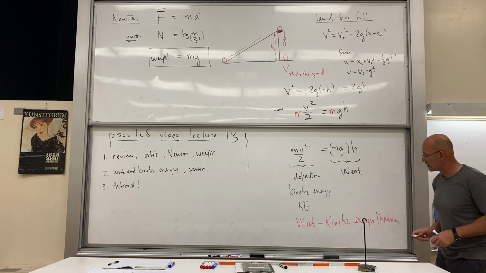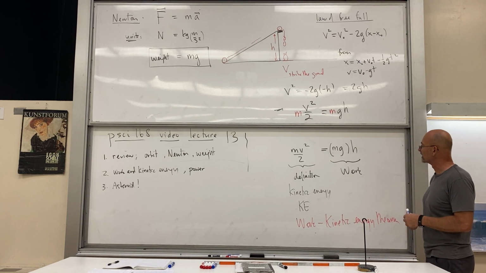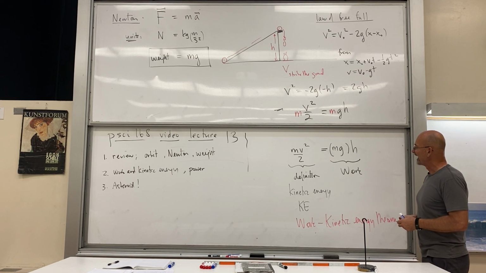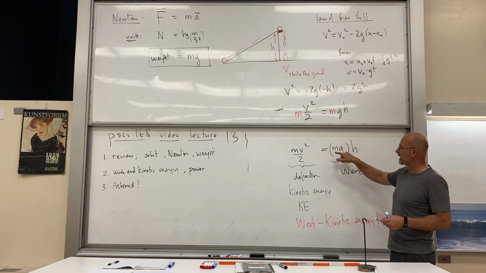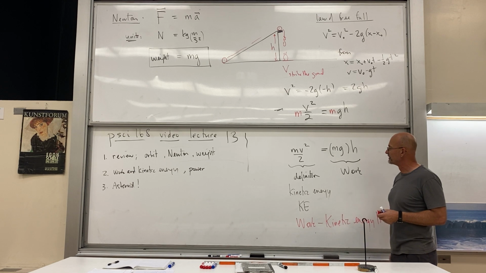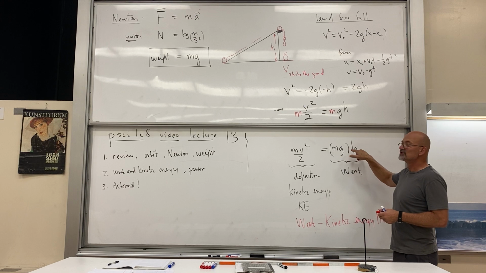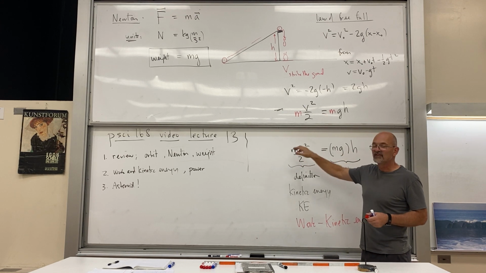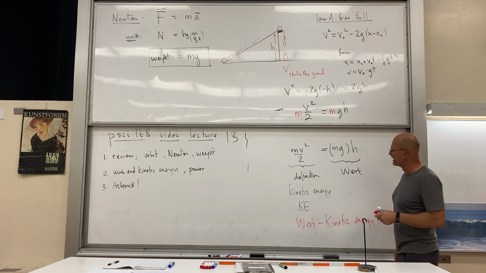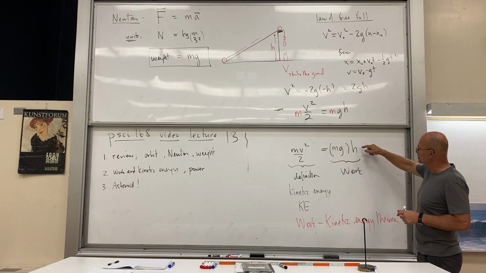That you can turn work into kinetic energy, you can turn kinetic energy back into work. You can do work with the kinetic energy. And the units here are the same as the units here, because we just multiplied both sides by m. So the units here were force times distance is joules, and here we have mass times velocity squared has the units of joules as well. Has to. So we have joules here in kinetic energy and joules here in work.